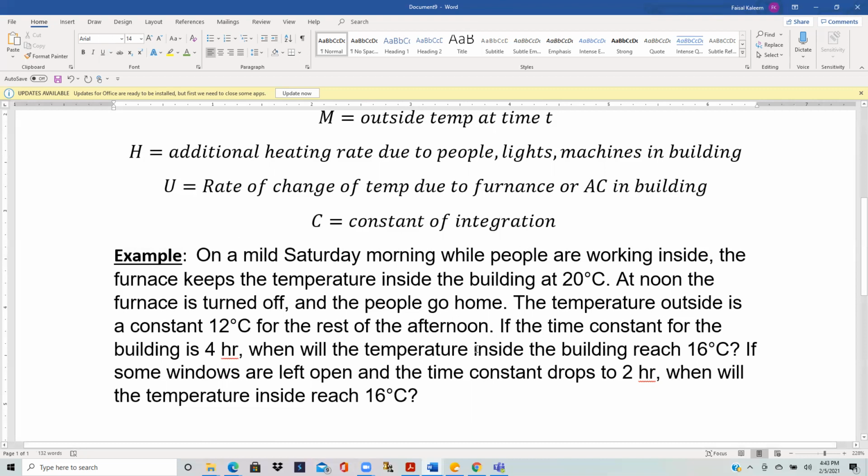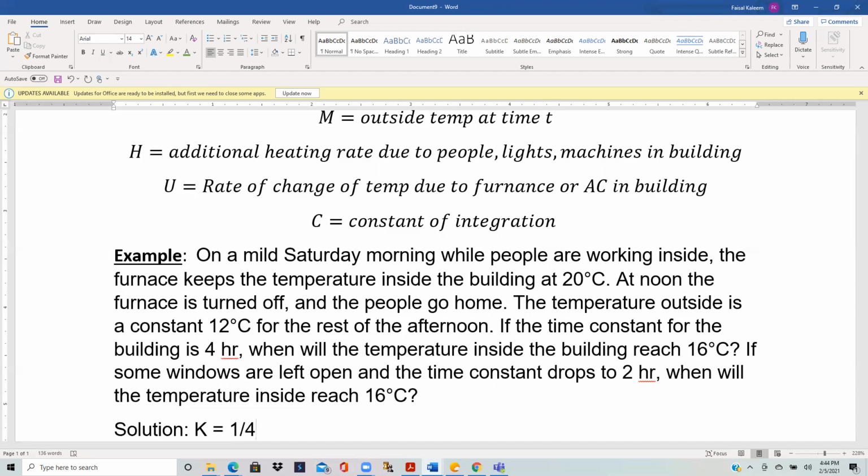If the time constant for the building is 4 hours, then, since the time constant is 1 over K, K will be 1 over 4.